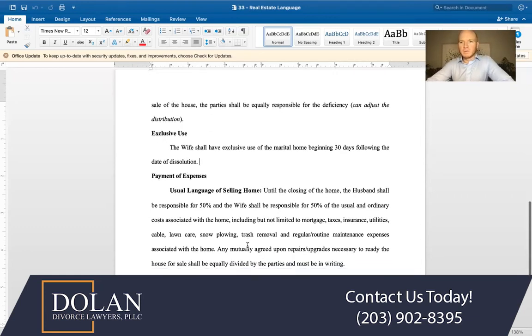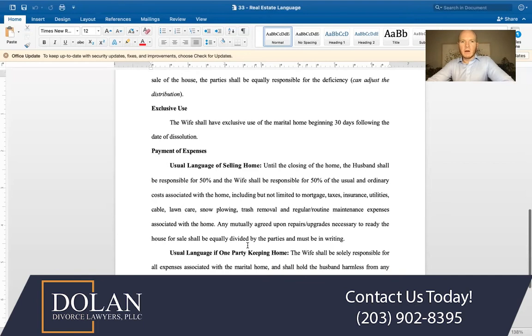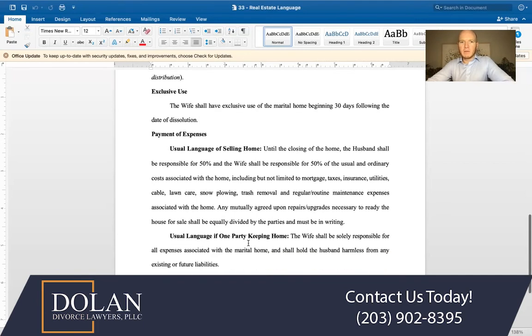You also want to make sure you deal with how the expenses are paid on a property after the divorce is over. So there's a couple different scenarios on the expense payment language if the property is being sold versus the expense language if one party is keeping the property.